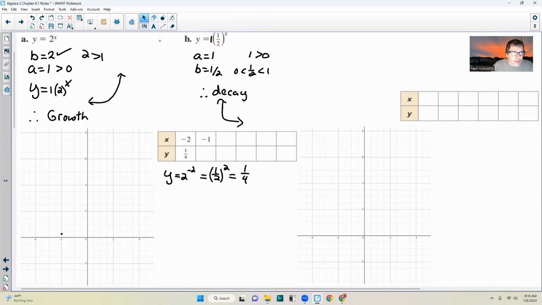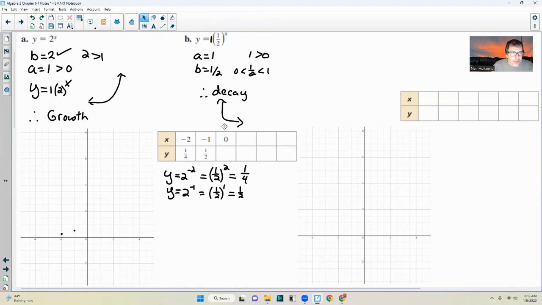So you'll get the idea real quickly as to what to do. Y equals, -1 is now my X. So it's 2 to the -1, which equals 1/2 to the +1, which is just simply a half. Okay, so go to the left, -1 is here, up a half is right here. Okay, and we continue doing this by ones.